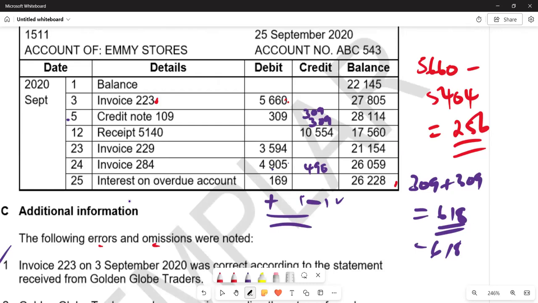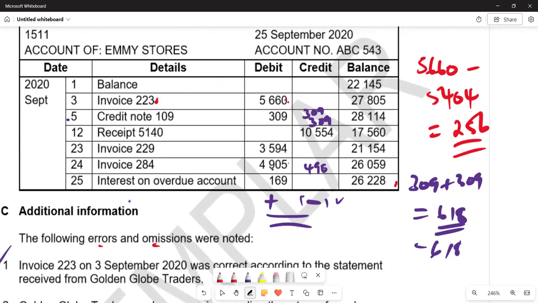So if you go to our statement, you'd see the interest is indicated here. We have the interest there, so we can just make it clear there. We have it indicated on the debit side of the statement, showing that it has increased the value that we are owing Golden Globe Traders.